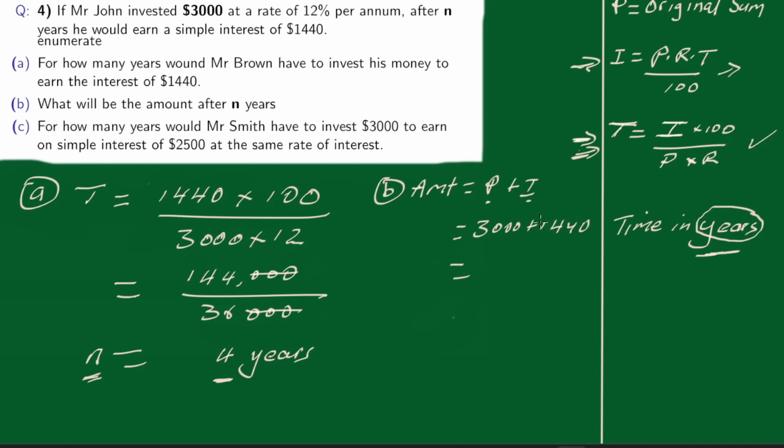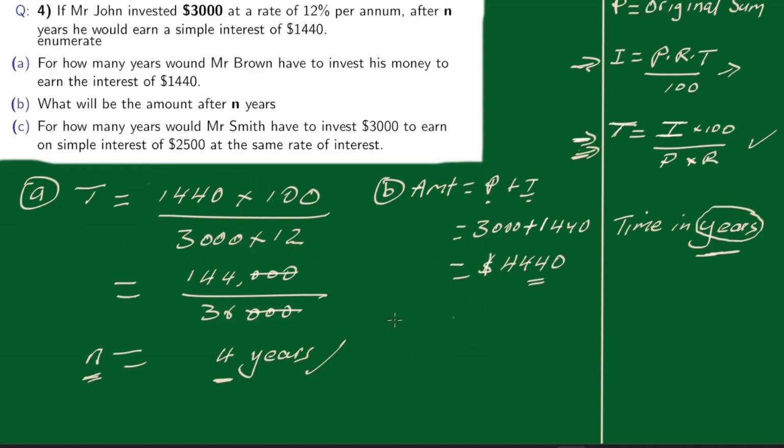Now remember, in this question, we do not have to calculate the interest. We were not asked to calculate the interest. The interest is given. We were asked to calculate the years. So now the amount is principal plus the interest, which will be 4,440. And that is the amount.